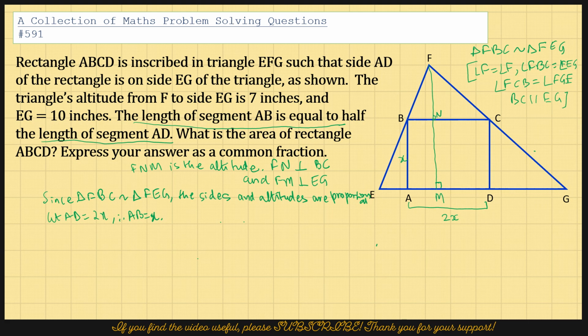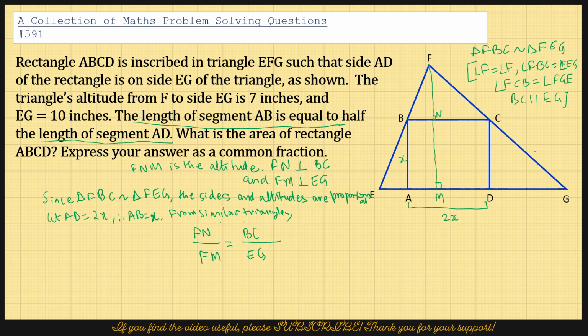And then from similar triangles we have FN out of FM equals BC out of EG.